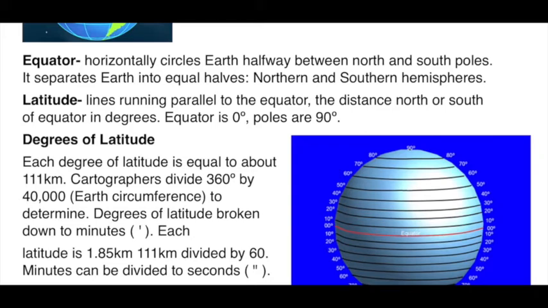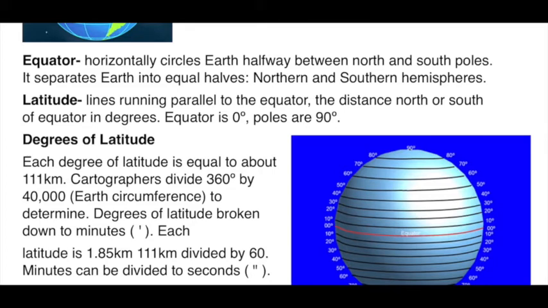Latitude has the idea of wide, so they're going sideways. Latitudes are lines running parallel to the equator. So the equator is a latitude line at 0 degrees latitude. Then these concentric circles go smaller, smaller, smaller until eventually it's a point at the North Pole and at the South Pole. That's 90 degrees from the equator.